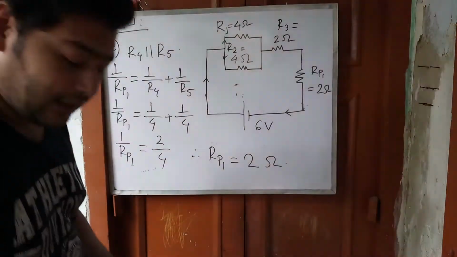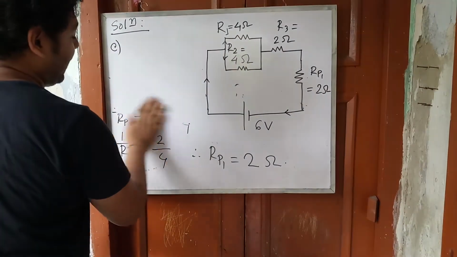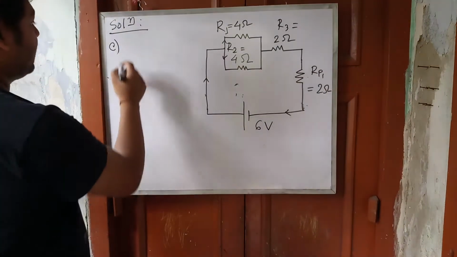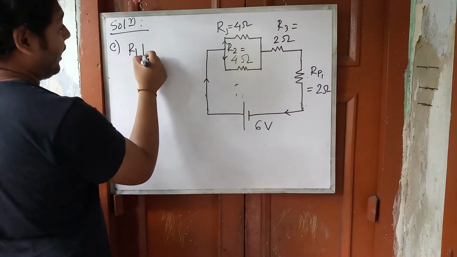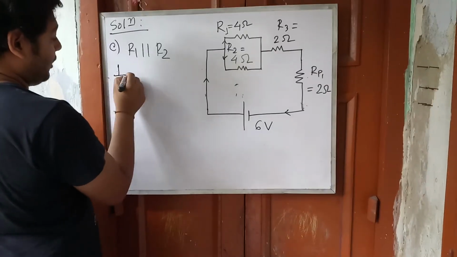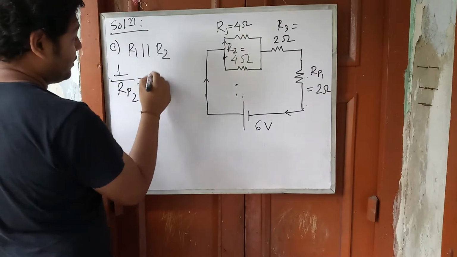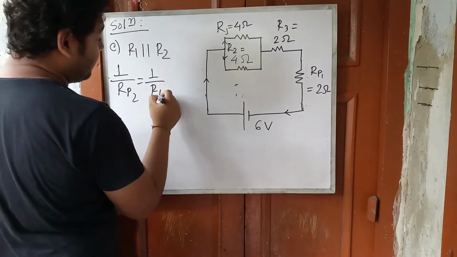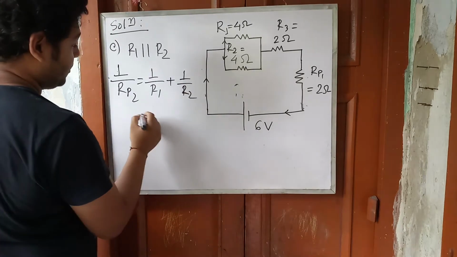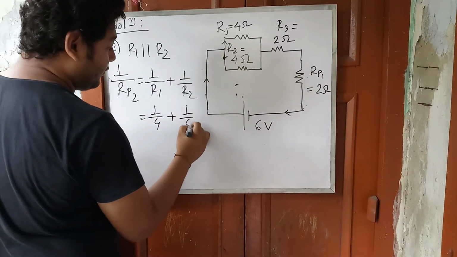Then we can write that R1 and R2 are in parallel. So another equivalent resistance is 1 by RP2 equal to 1 by R1 plus 1 by R2. So we can write 1 by 4 plus 1 by 4.